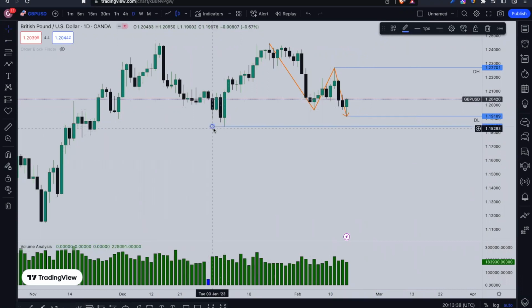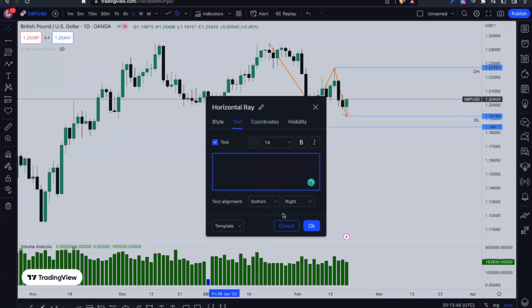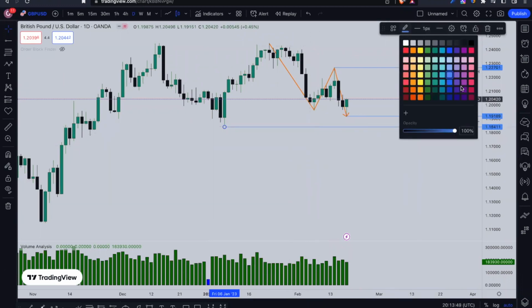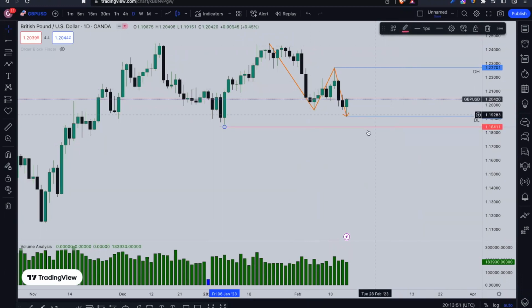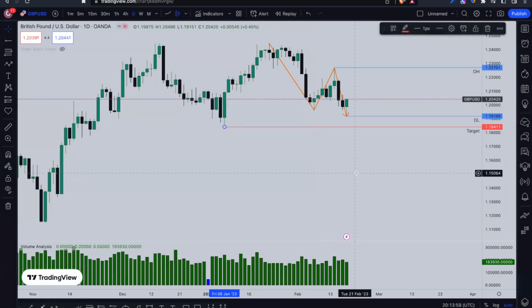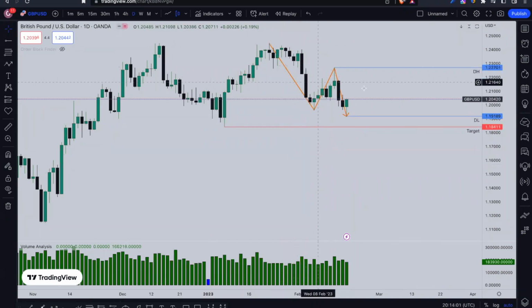We have this as our target here, so we mark it and label it target. Okay, so this is for the daily time frame.